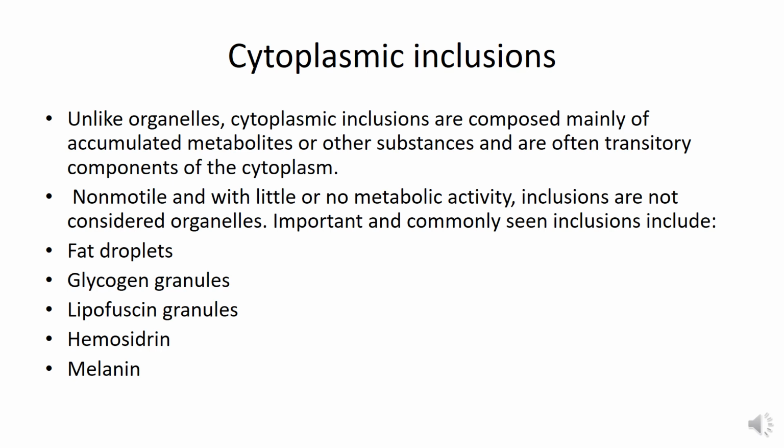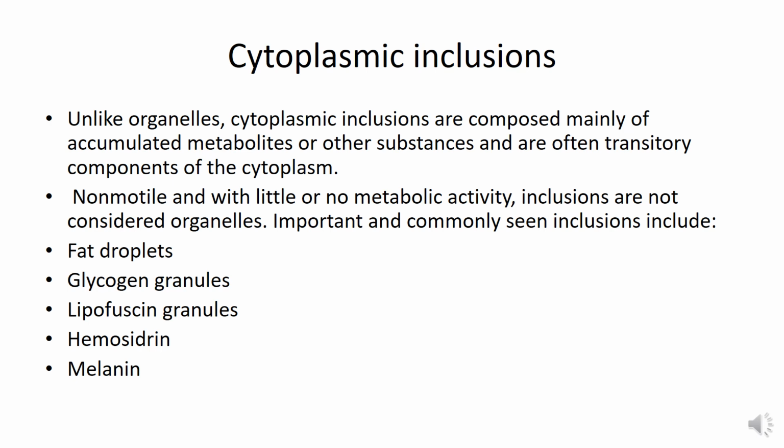So, the cytoplasmic inclusions. Unlike organelles, cytoplasmic inclusions are composed mainly of accumulated metabolites or other substances, and they are often transitory components of the cytoplasm. They are non-motile with little or no metabolic activity. Inclusions are not considered organelles.